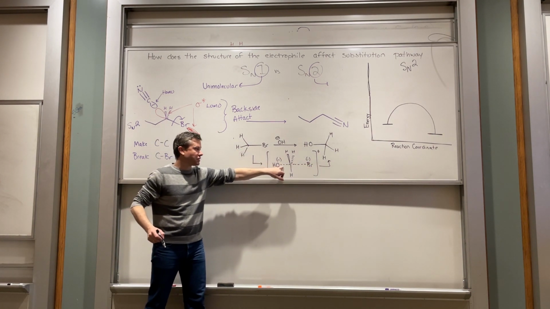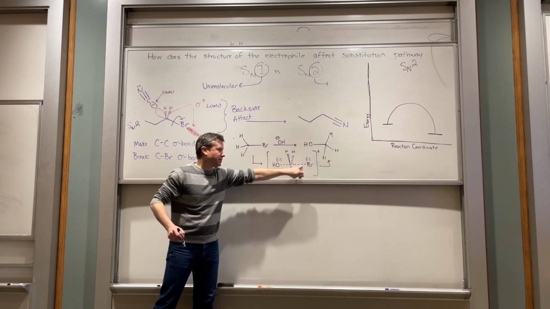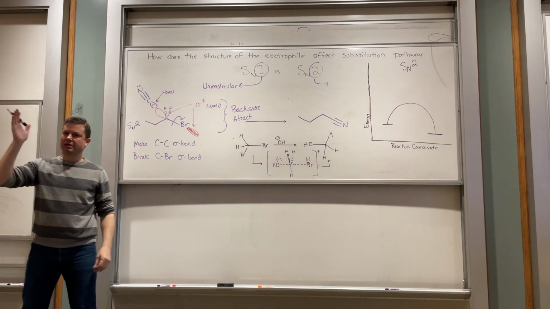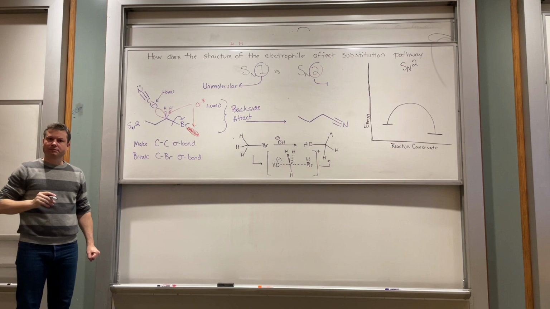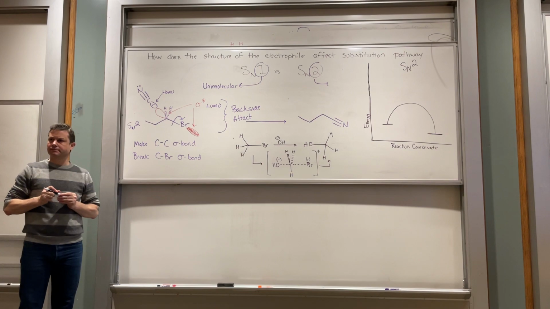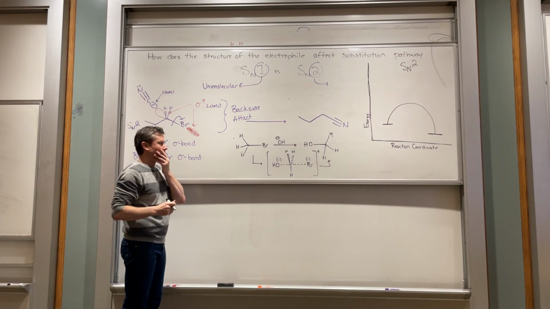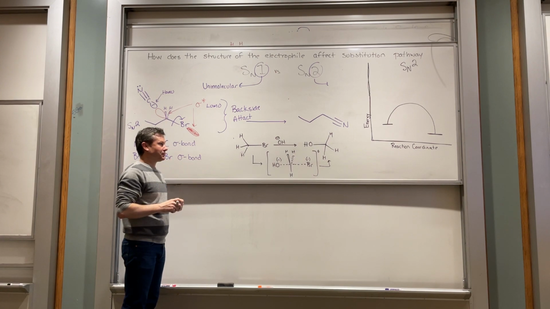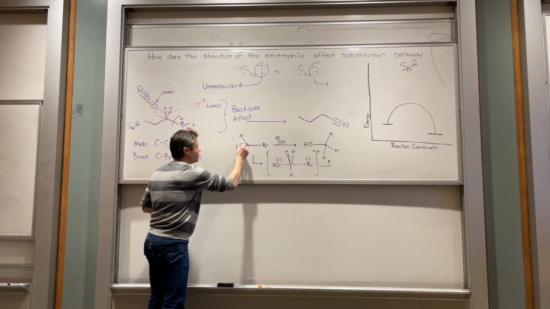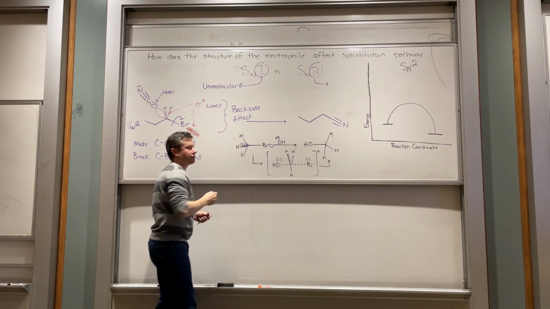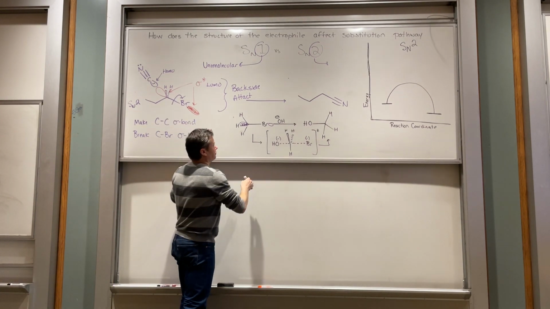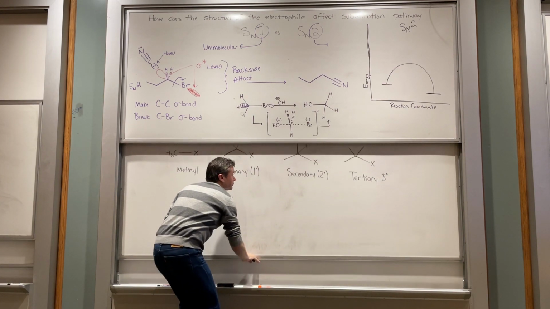So we're showing the bond that's being made as a dotted line, and the bond that's being broken as a dotted line. And then those three hydrogens are arranged as a plane in between them. Everybody sees that? As a reminder, remember that this is the orbital that hydroxide has to interact with.